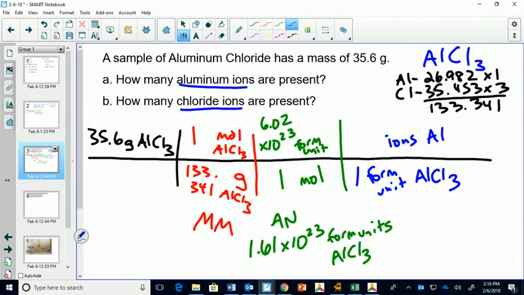What's the ratio between those? How many aluminums are in one thing of aluminum chloride? 1. Do you remember when we did this before? We did ratios, right? We broke up the pieces. So simply, this number of formula units is also 1.61 times 10 to the 23 ions of aluminum.